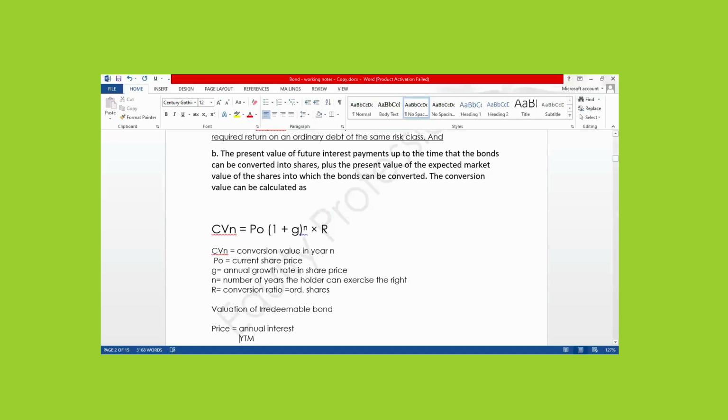It's very straightforward, so the examiner hardly tests it. When we say irredeemable bond, the interest will be paid forever. Annually, the company will pay interest from year 1 to perpetuity. The principal amount of the loan will not be repaid.